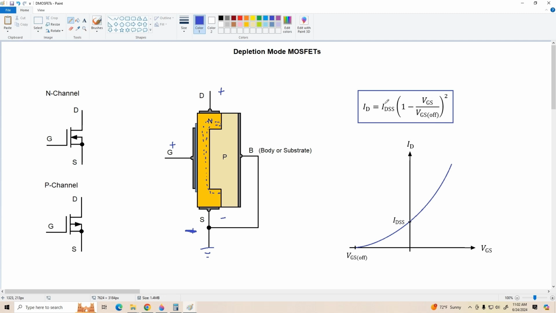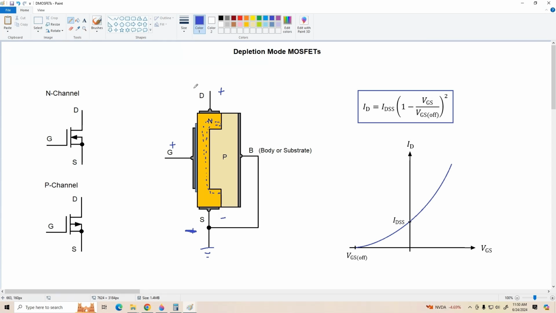So we've got IDSS, which is the drain current with 0 VGS, and VGS off, which is the vertex of this parabola, that is the gate to source voltage required to cause pinch off with no voltage applied from drain to source.